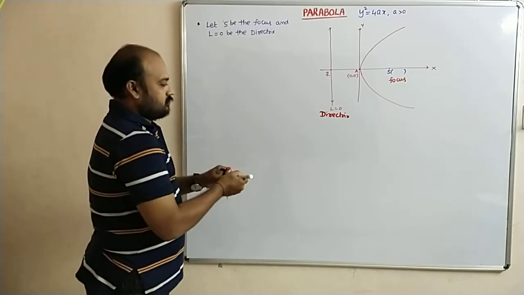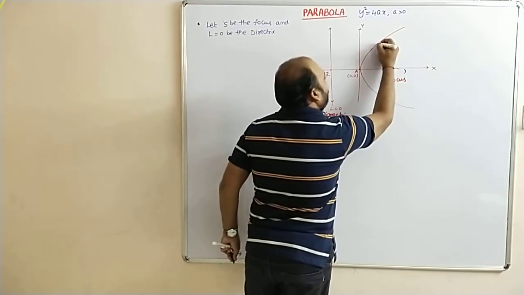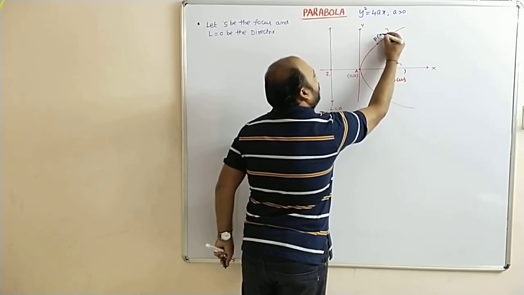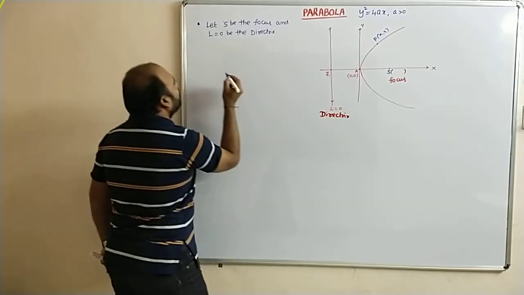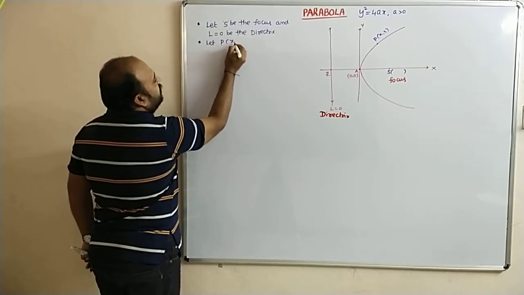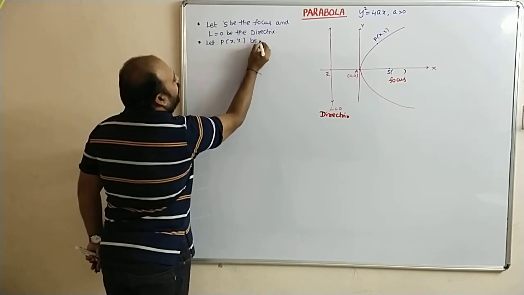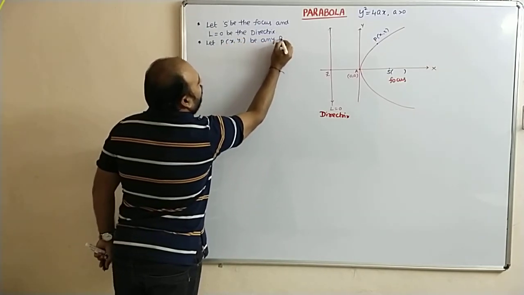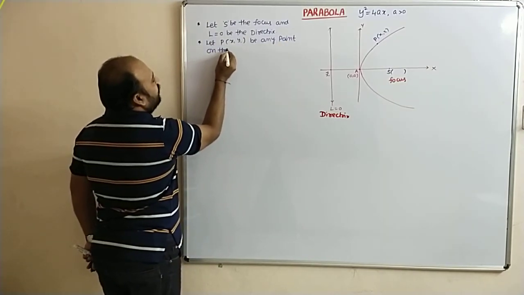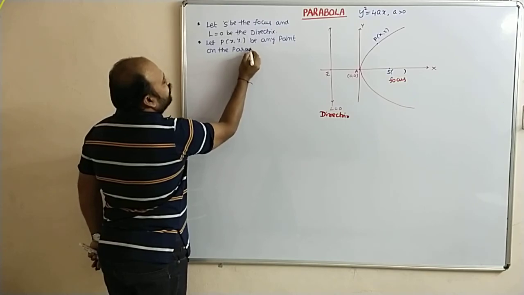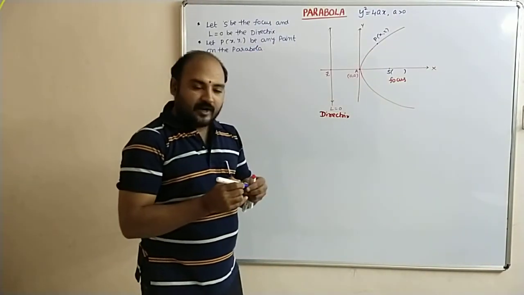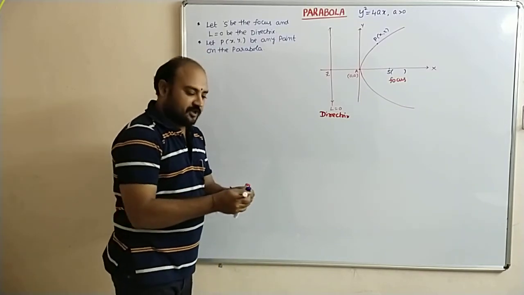After that, let us consider a point P on the parabola, P of x1 comma y1, any point on the parabola which I have shown in the figure, and draw perpendiculars or projections.